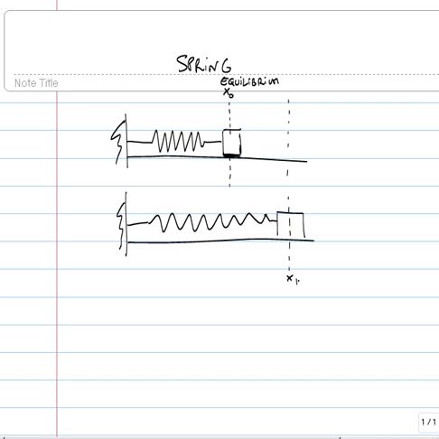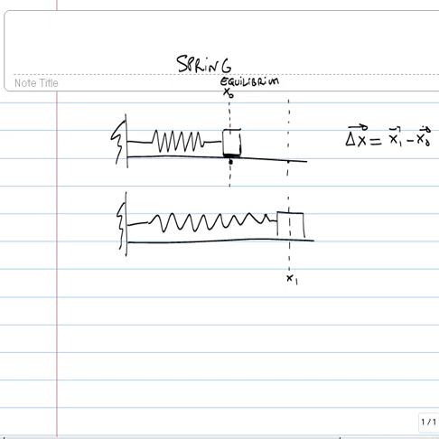So imagine that you're stretching the spring, going from position x naught to position x1. Therefore I'm displacing my object by delta x, which in my case is x1 minus x naught.